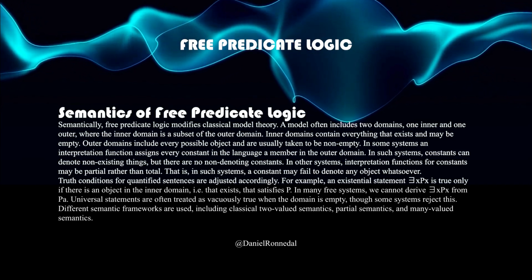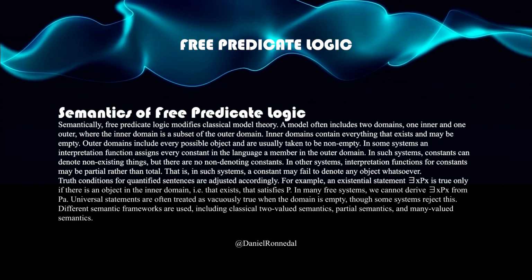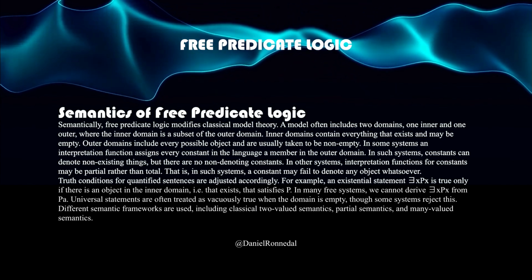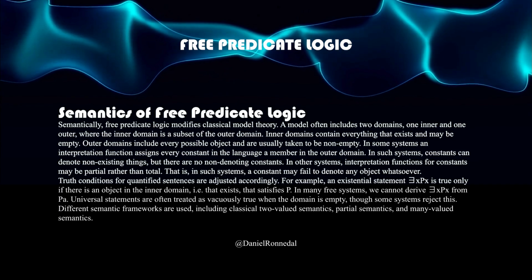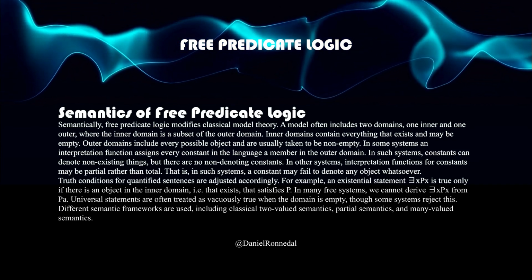In other systems, interpretation functions for constants may be partial rather than total. That is, in such systems, a constant may fail to denote any object whatsoever. Truth conditions for quantified sentences are adjusted accordingly.